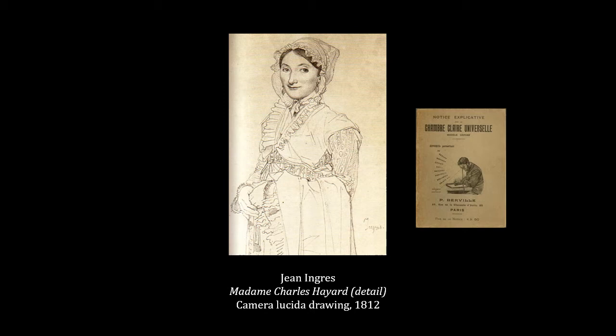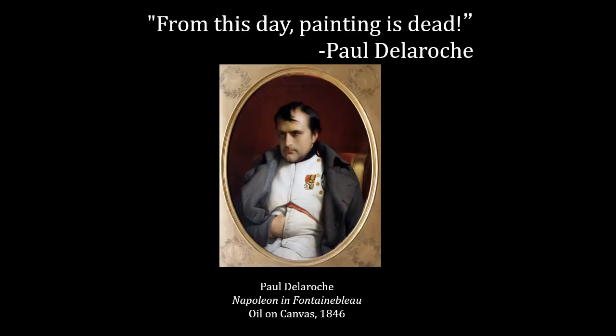Plus, the drawing would be much cheaper than a painting. And it said there was part of the huge backlash: from this day, painting is dead. And as we'll look at in one of the future lectures, painting and photography start to go hand in hand.